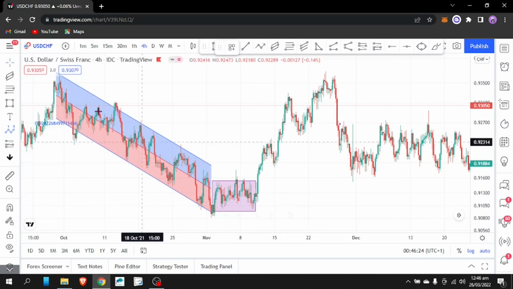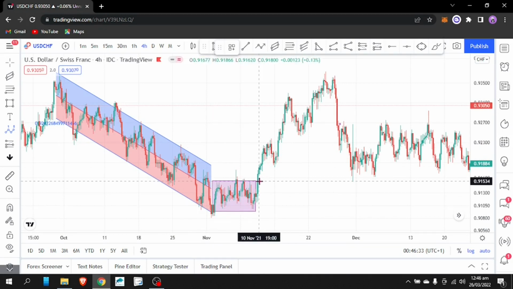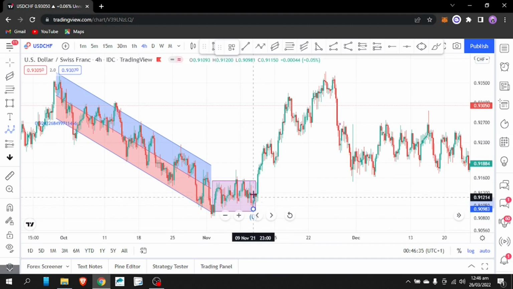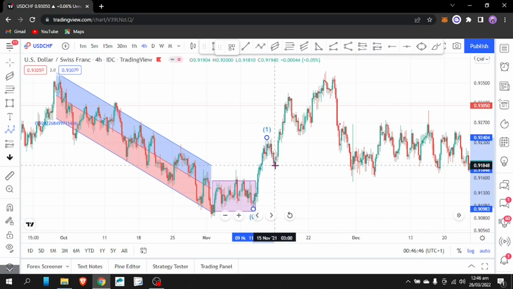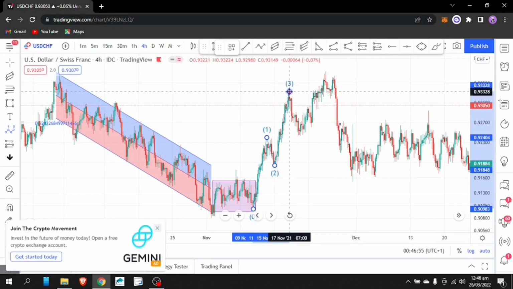Looking at this chart here, when it dropped and after the consolidation here, it pushed higher. That means it broke this resistance. From this point, I'll have my wave 1, which we said is part of our Elliott wave pattern, and we have the first pullback, which is our second wave, and then we will have our third wave, which is our second impulsive push to the upside, and then we also had the second pullback.